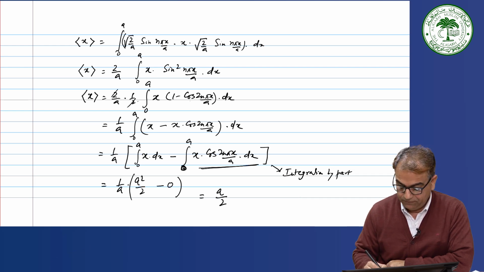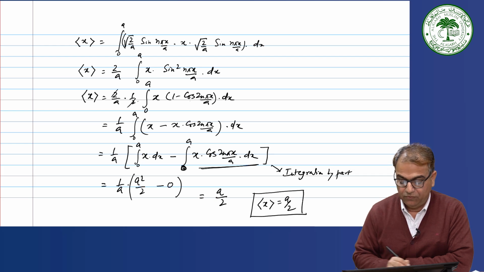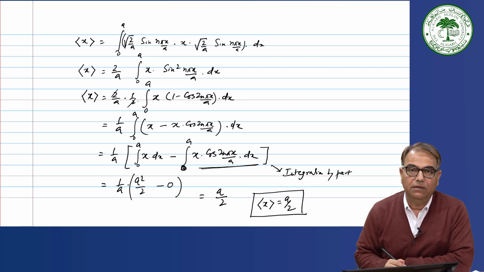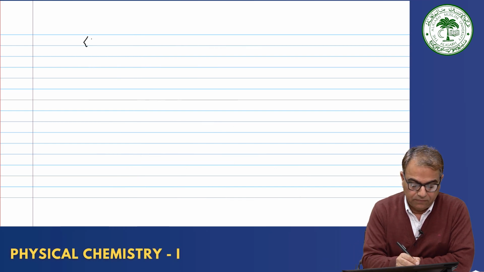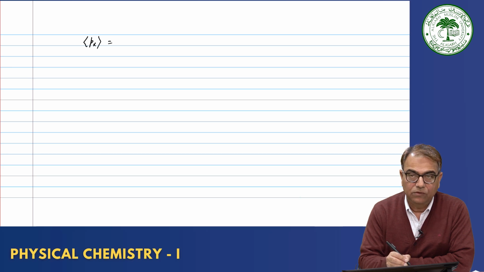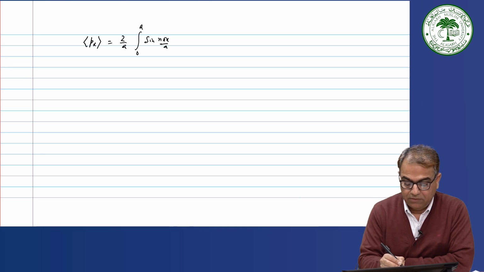So the average value of the position is a divided by 2. Okay, this we can do. If you calculate the average value of the momentum, the x component of the momentum, what will you get? Let's try to do this.